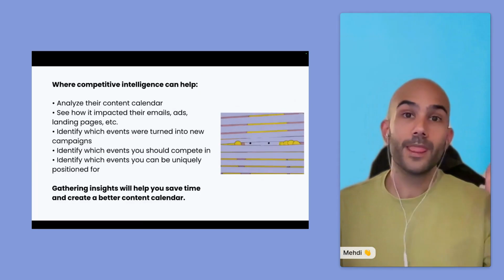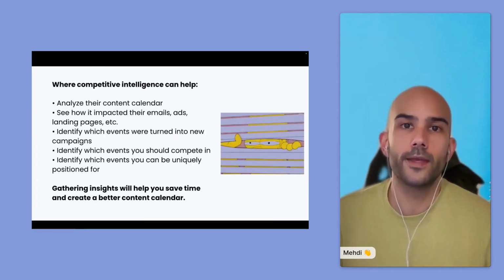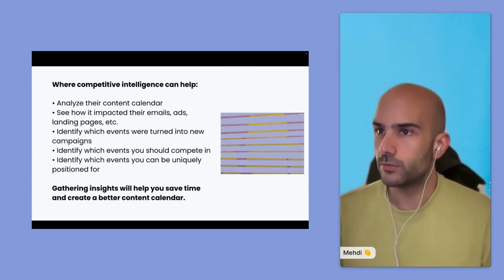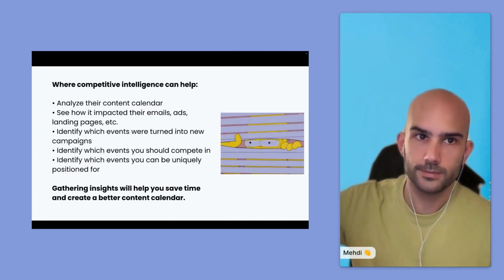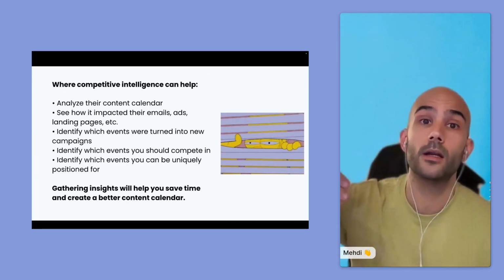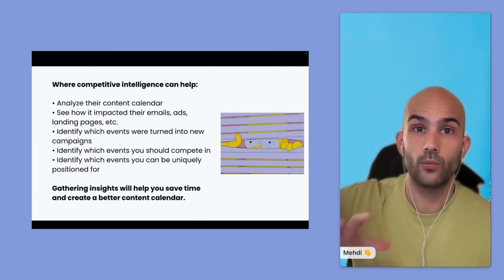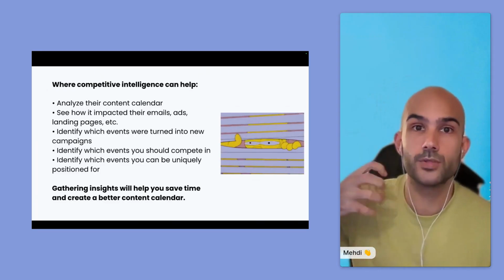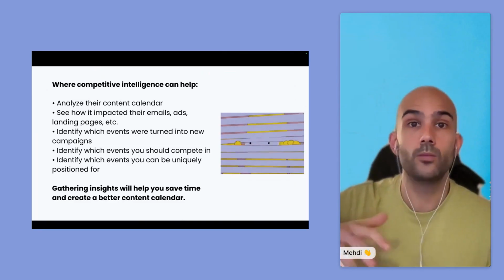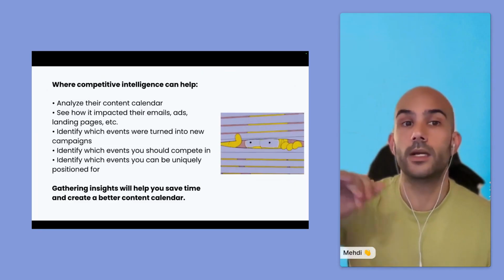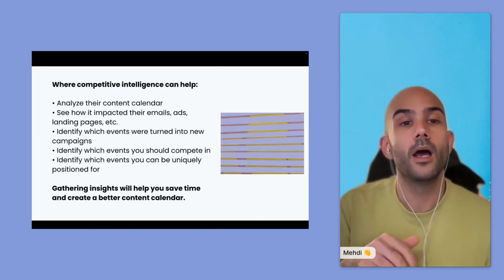Easy peasy. Looking at your competitors is a great way to create your own content calendar for several reasons, and I've laid down a few here on these slides. By analyzing their content calendar, you're going to be able to understand right away which are the main events that have a strong impact on their top line, on their revenue, and which topics they addressed in their emails, ads, landing pages, and on their home pages as well.